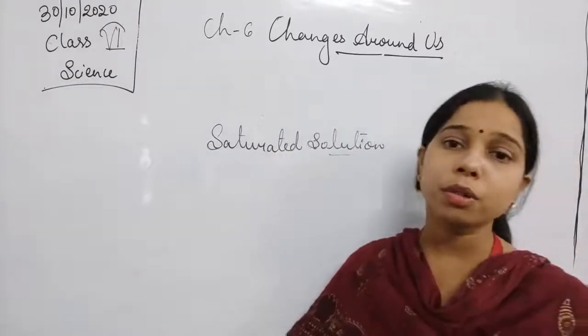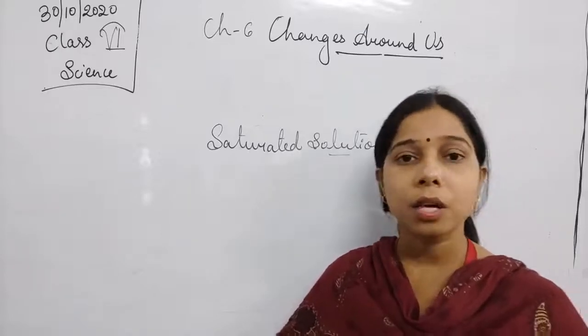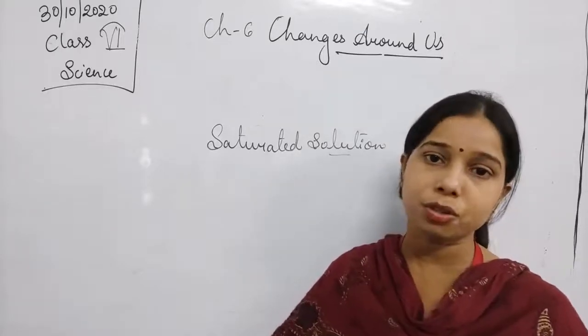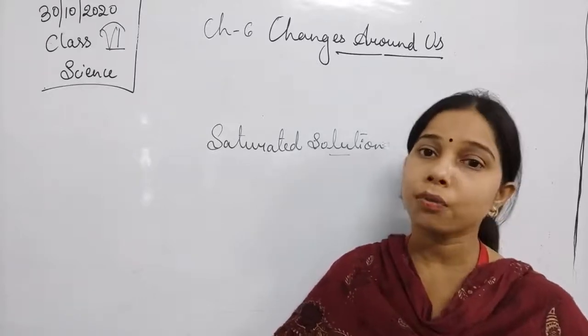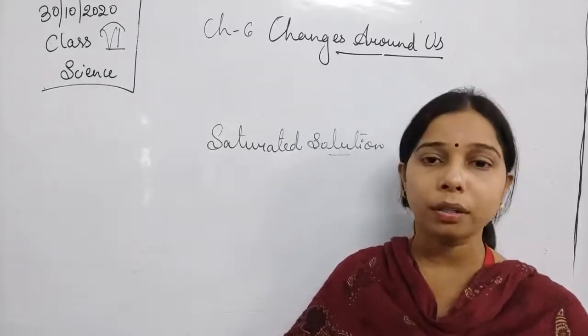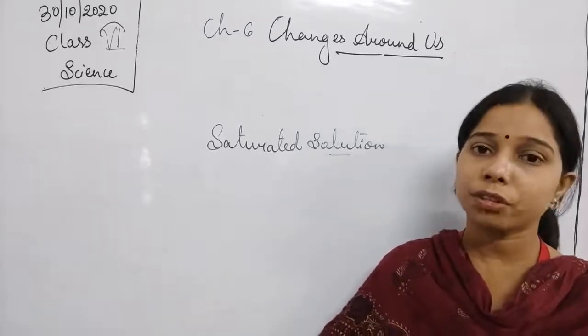Okay, so suppose you have taken 100 gram of water and you are continuously adding sugar or salt to it. After some time you will observe that the water dissolves all the sugar and salt which you are adding.